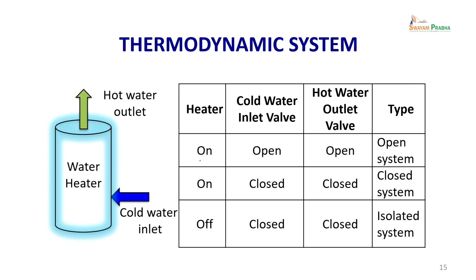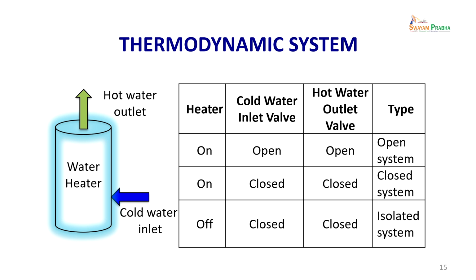So, under this condition, when the heater is on, and the cold water valve and the hot water outlet valve are open, this example is considered as an open system, with both mass transfer as well as energy transfer. Now, the second condition: the heater is on, and the cold water inlet valve and the hot water outlet valve both are closed. That means whatever water is contained inside the heater will be heated continuously until I switch off the heater.